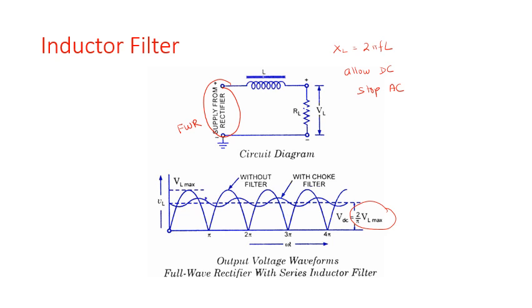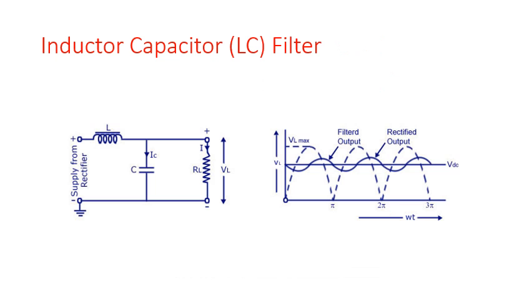Now when you look at what happens in an LC filter, something very similar happens. When you are using an LC filter, again you've got an inductor and a capacitor along with it. The inductor is going to allow DC and stop AC. So basically it tries to stop all the AC from going ahead.